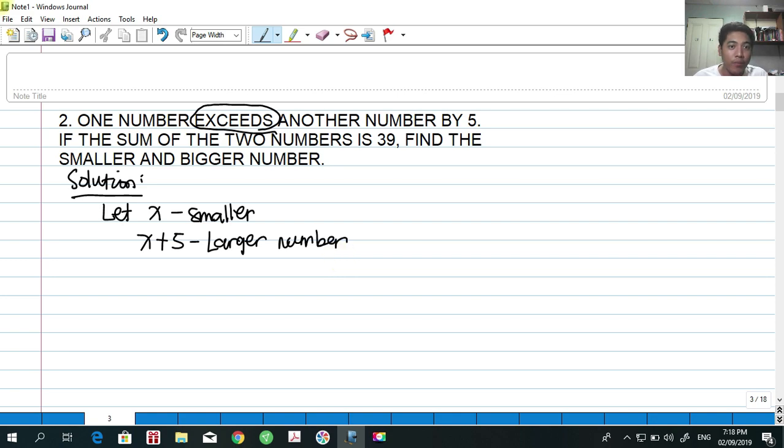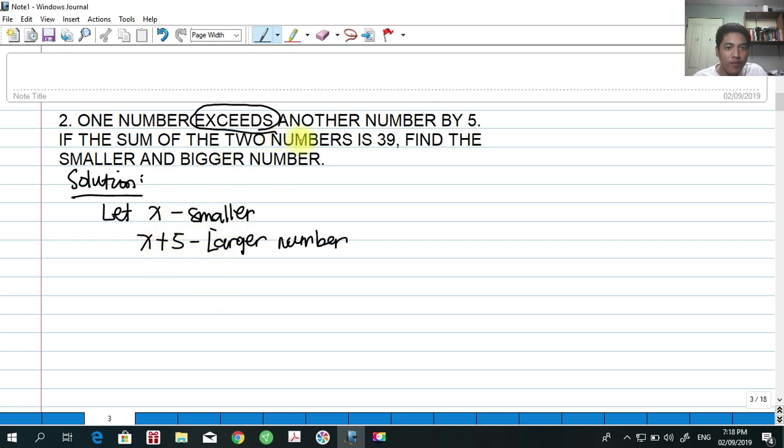So again, one number exceeds another number by 5. We let x be the smaller, and a number that exceeds another number by 5 is actually x plus 5. We didn't label it y because the condition is that this other number exceeds the smaller number by 5, so technically it should be the same x.